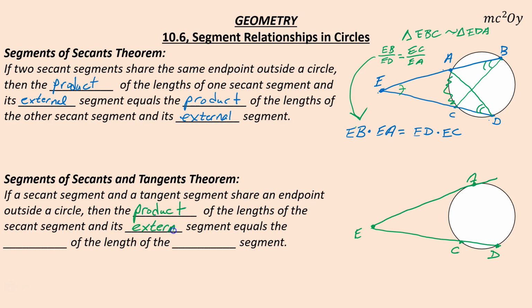Okay, so kind of the same idea in the previous one where you have ED times the external, EC, will be equal to, well, notice the tangent just has EA that you get to deal with. I mean, you could go EA times, well, there's nothing else to multiply by other than itself. So EA times EA. So it equals the square of the length of the tangent segment. So in other words, EA times EA, or EA squared.